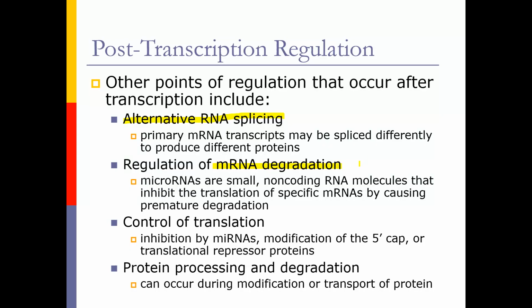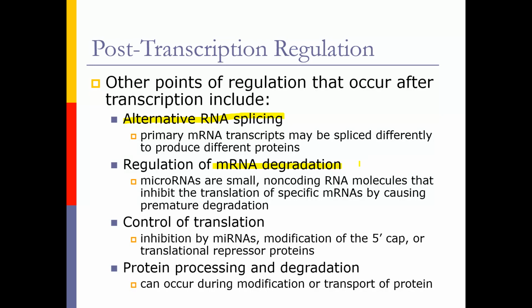Remember, the mRNA is made, it leaves the nucleus, it goes out into the cytoplasm. That mRNA could be read by multiple ribosomes, that mRNA could be read multiple times. And so depending on how long that mRNA is present, more or less of that protein could be made.